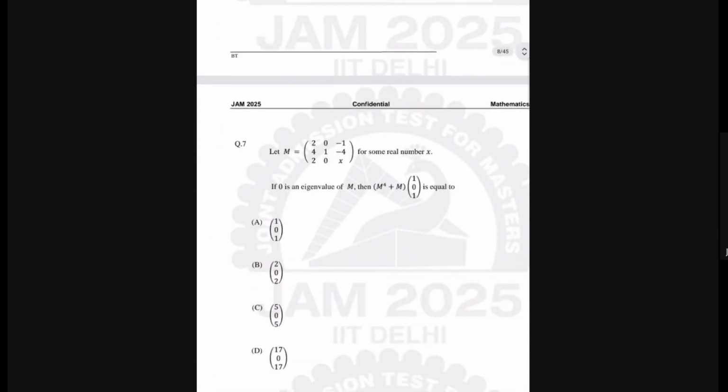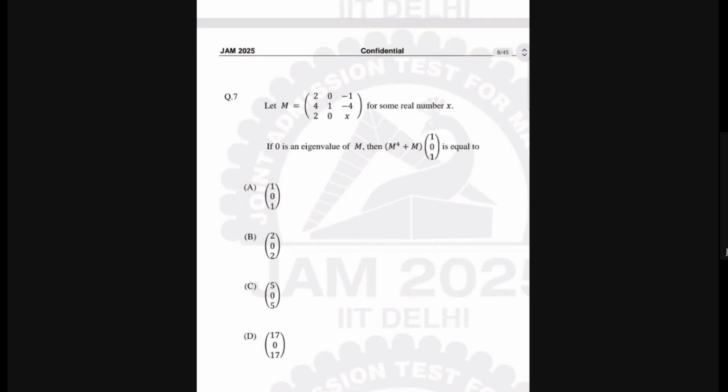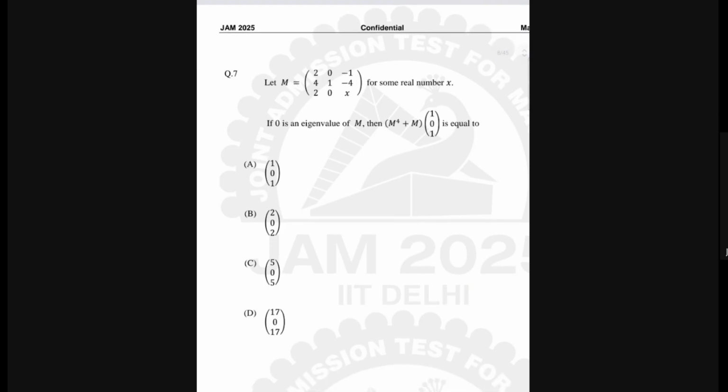So this question 7 is also from linear algebra. Can you try to solve it? Do any of you have any queries on question 6? No, ma'am. Okay, thank you. Please, can you try question 7?